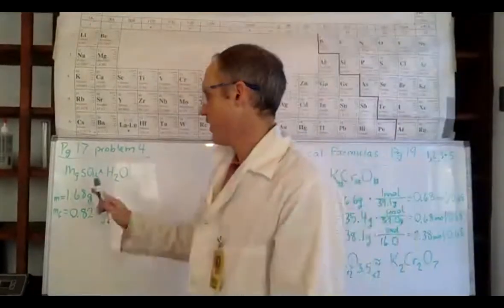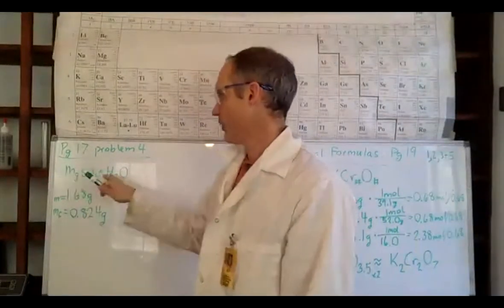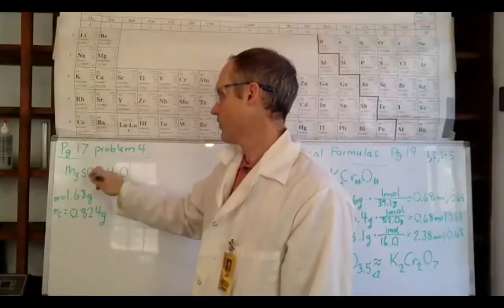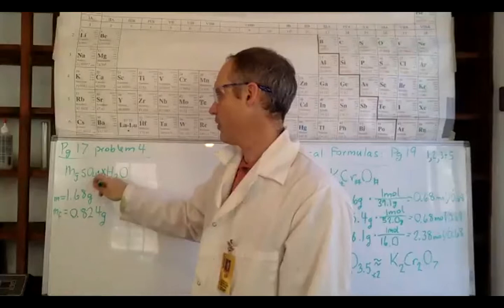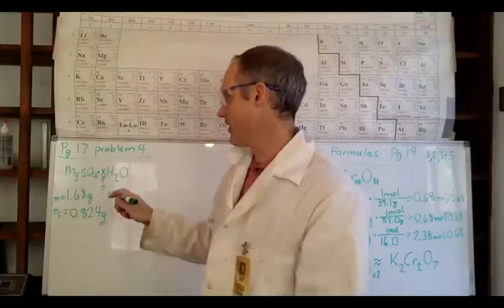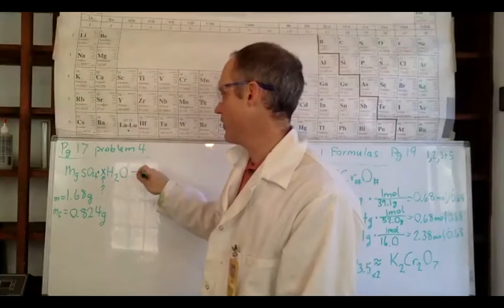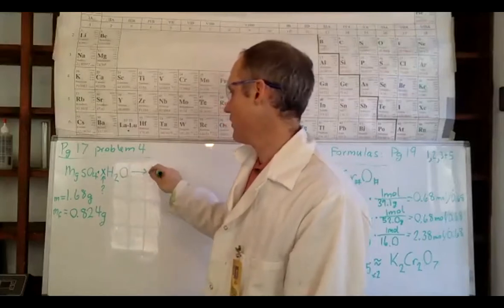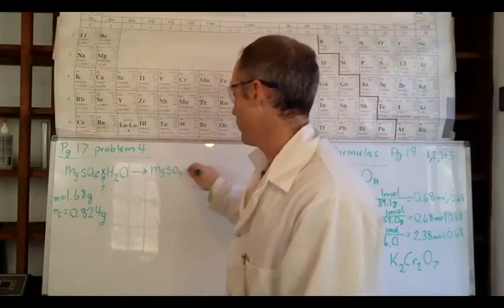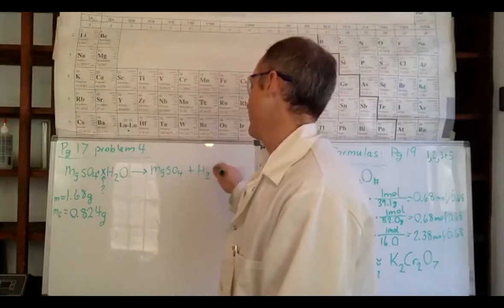All right, so the idea is that this is what you start with. There's a certain amount of water here. We're looking for that number. And what they do is they actually heat this up and it makes MgSO4 and then water. The water breaks off.